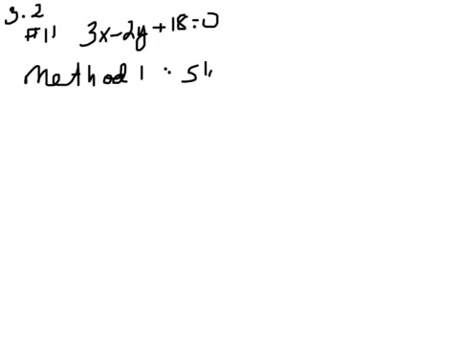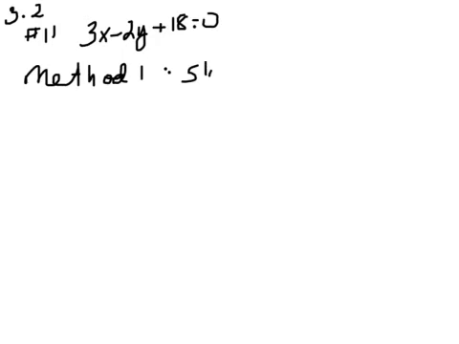I'll roughly sketch it over here. It's going to be hard to do a really good graph because of the limitations that this app has. So if I take 3x minus 2y plus 18 equals 0, let me move the 3x to the other side.